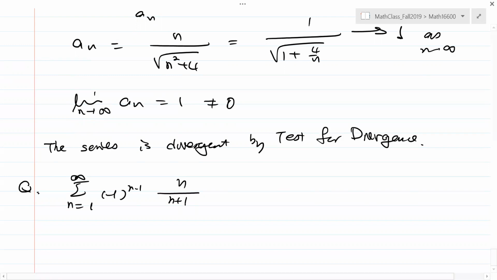Now, if I put this problem very late, in section 11.5, maybe you would use a different method to try to prove this is convergent. So I'll tell you this is divergent. How do you argue?